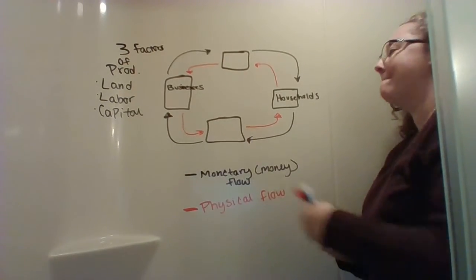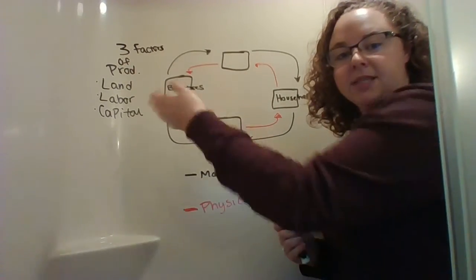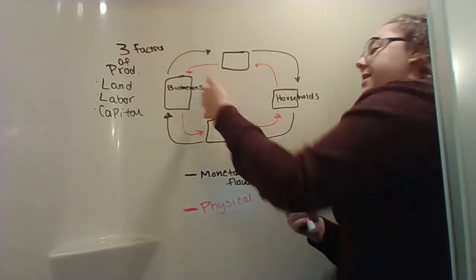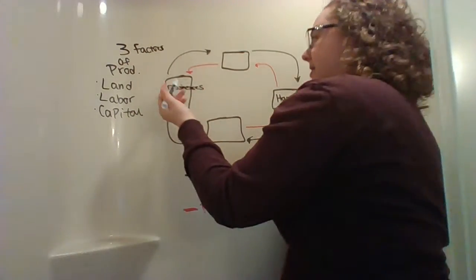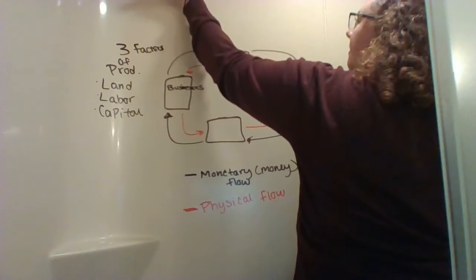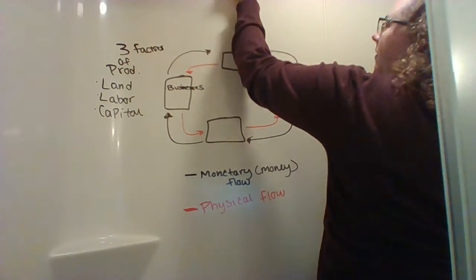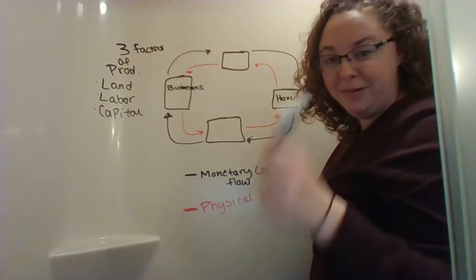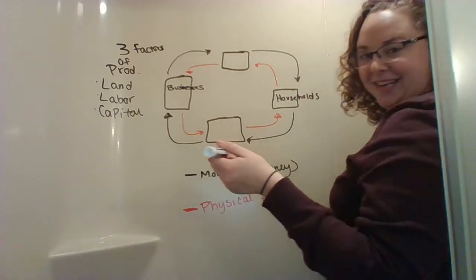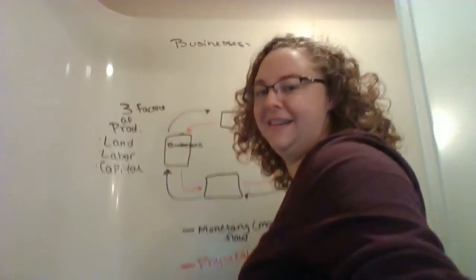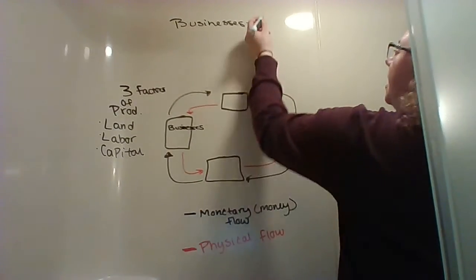All right. Households and businesses. Businesses and households. Businesses buy resources and sell products. Oh, you can't see that. Got it.